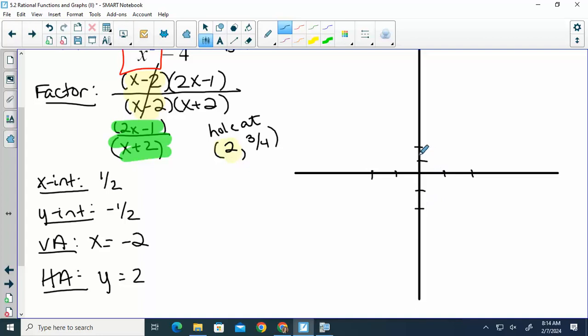So if I look at my graph, get the x-axis at positive 1/2, y-axis at negative 1/2, vertical asymptote at negative 2, horizontal asymptote at positive 2.